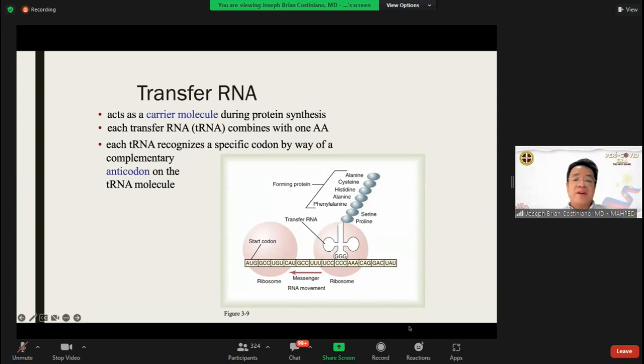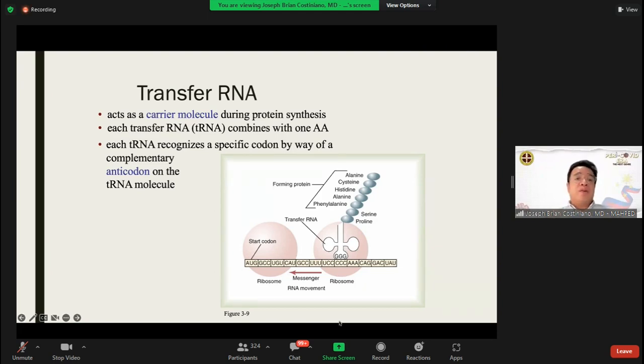As you can see here, you have your ribosomes, and your transfer RNA will read the triplet bases or the codon, and because of the triplet bases, it will encode for a specific amino acid, whether it is proline, serine, phenylalanine, or alanine. That's why sometimes when a base pairing is wrong, it will produce a different amino acid, and that different amino acid in the protein chain will cause certain dysfunction in the product protein. So these are base pairing mismatches.